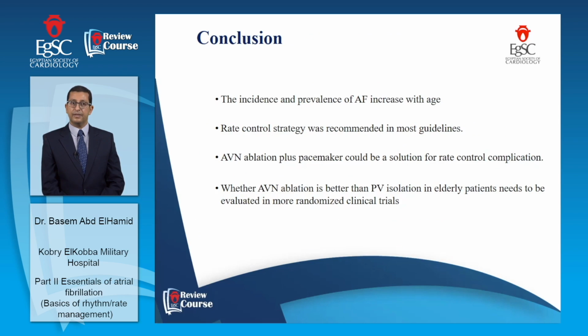The conclusion: the incidence and prevalence of AF increase with age. Rate control strategies are recommended in most guidelines. AVN ablation plus pacemaker should be a solution for rate control complications. Whether AV node ablation is better than pulmonary vein isolation in the elderly needs to be evaluated in more randomized clinical trials.